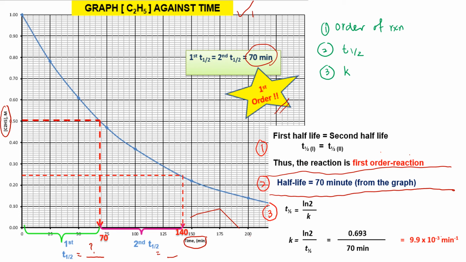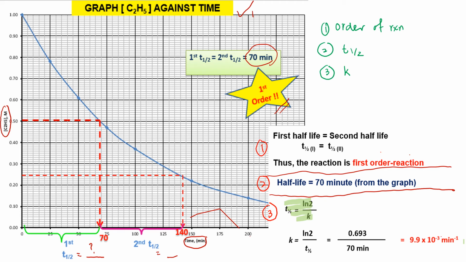The question asks to find the value of the rate constant. Since we know this is a first order reaction, you will use the equation for the half-life for first order reaction, which is T half equals ln 2 over K. Substitute the value that you already have.